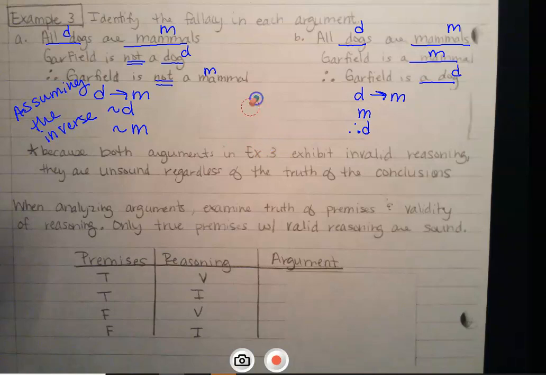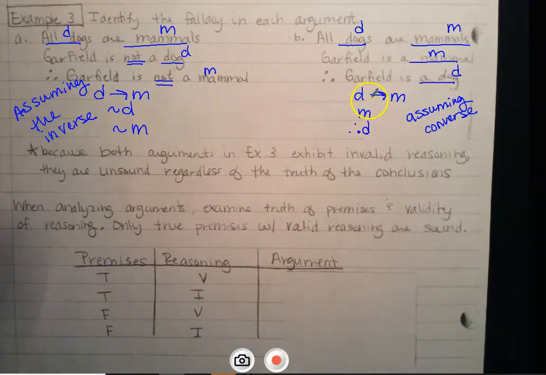Let me erase this one. Right, these are different fallacies that we have. And so this one is the backwards one. This is assuming the converse, because again, we switched up our order.